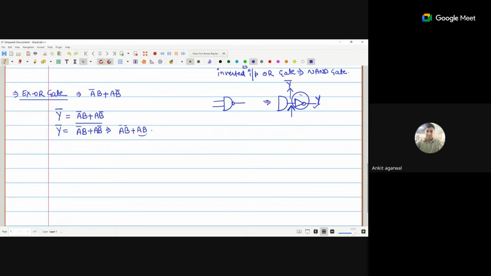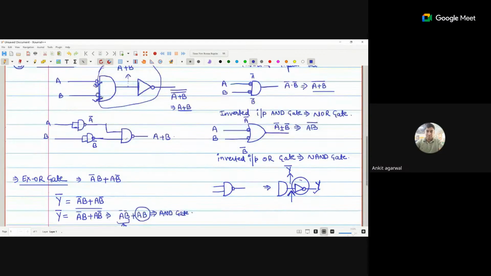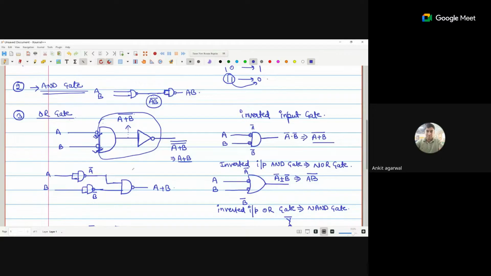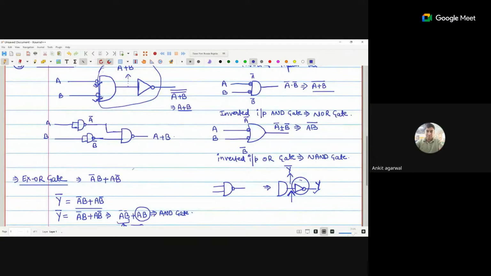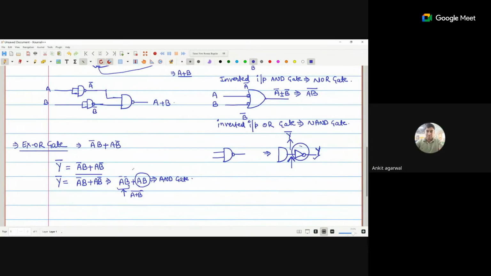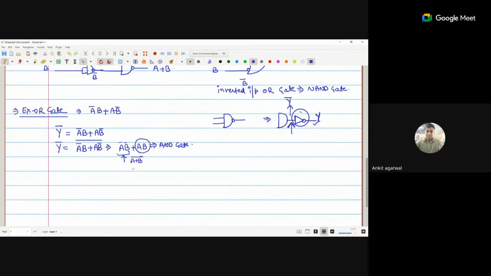Now AB is an AND gate, and this A bar B bar is A plus B whole bar, so that is A plus B and then an inverter.